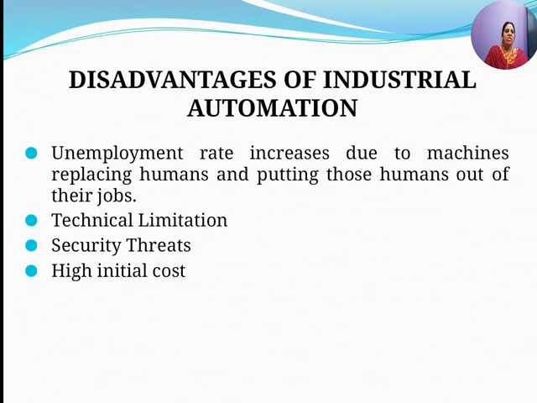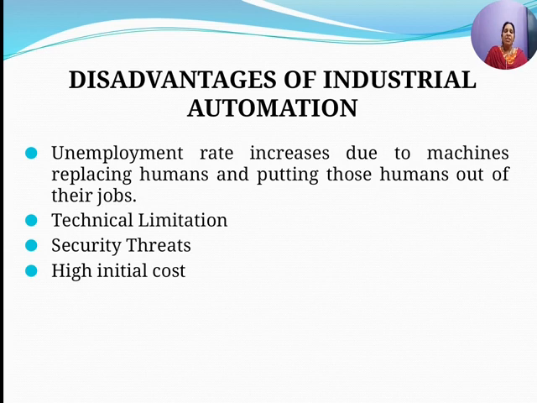Then disadvantages of industrial automation. Unemployment rate increases due to machines replacing humans and putting those humans out of their jobs. This is the first and foremost disadvantage with industrial automation, because people are removed from their jobs, because of which the unemployment rate increases.